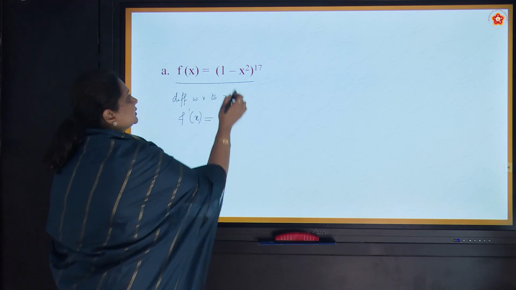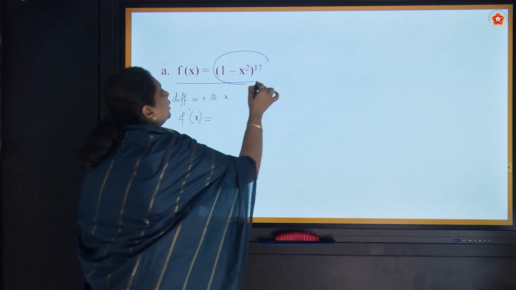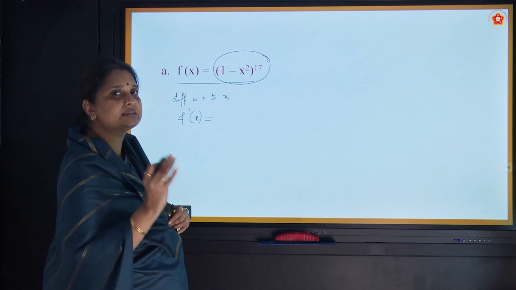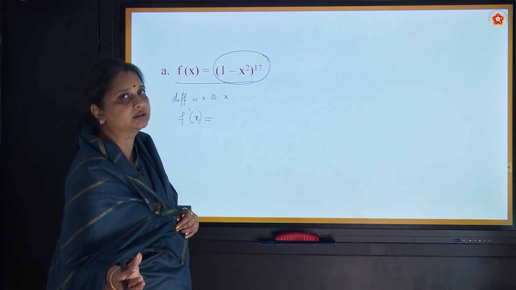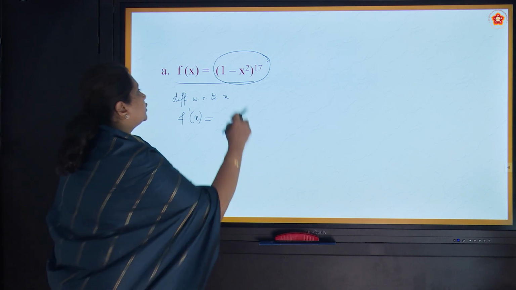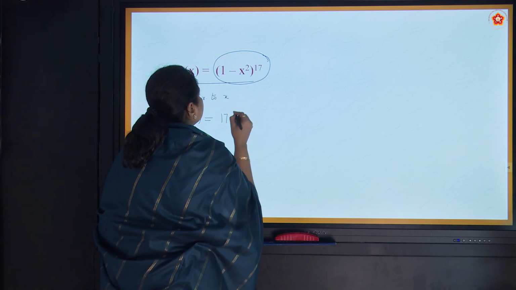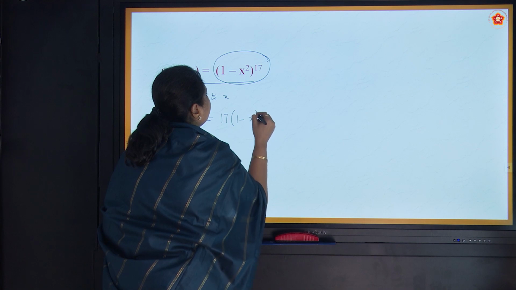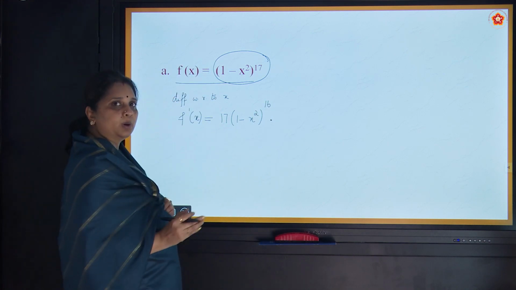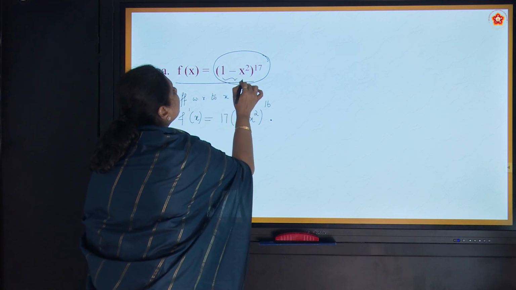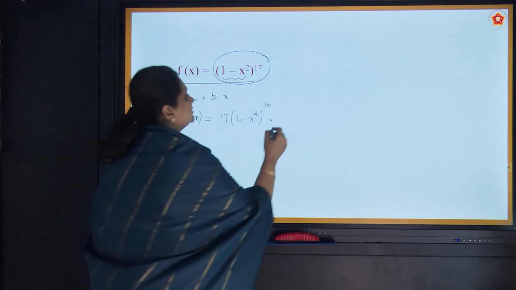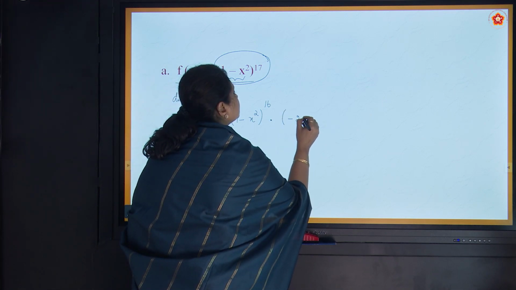So first, whenever there is a power, a whole power, we need to apply the power formula, the power result here first, and then move ahead. So the rule says you bring down the power, take it as a coefficient, and reduce 1 from the power, into, since the base is a polynomial, we will differentiate the base function. So 1 minus x square on differentiation will give you minus 2x.